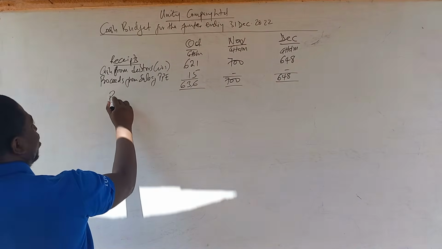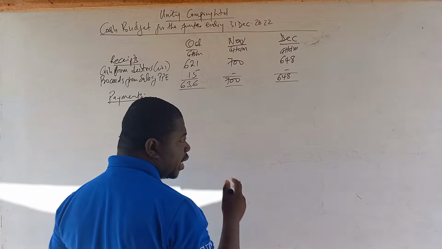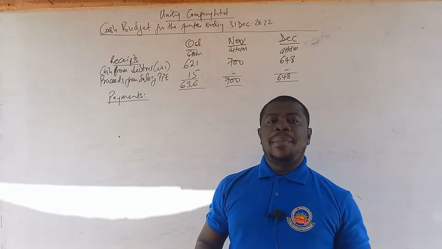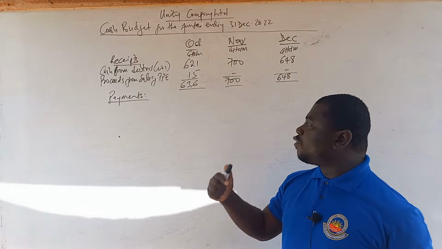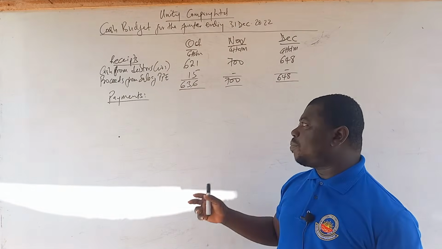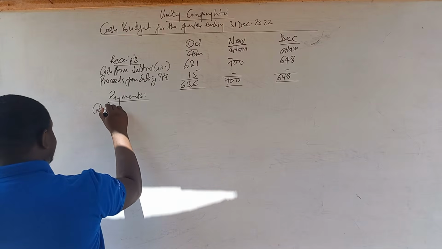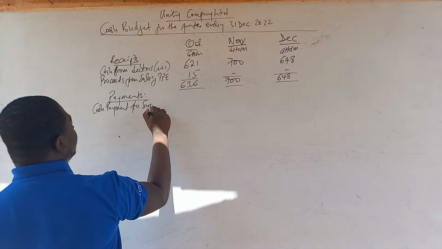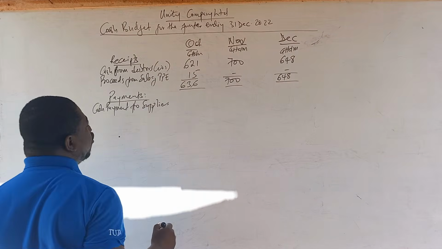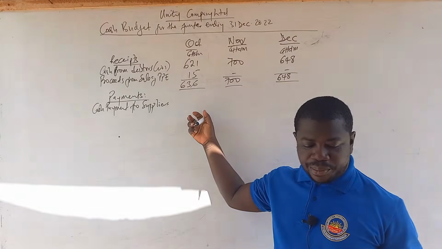After receipts, let's talk about payments. We have quite a number of payments in the question. But before that, let us first of all look at the workings that we did. We did workings for payment to creditors or suppliers. So let us bring that first as payment. So cash payment to creditors or suppliers. Now from the schedule that we just prepared, total for October is what we are bringing.